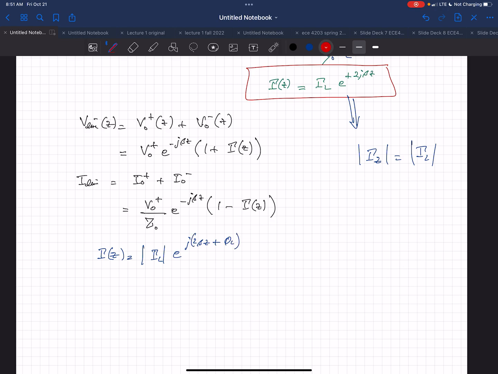Here phi sub L is the phase angle of the load.